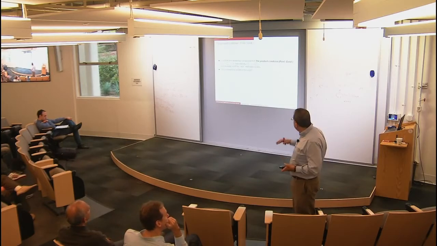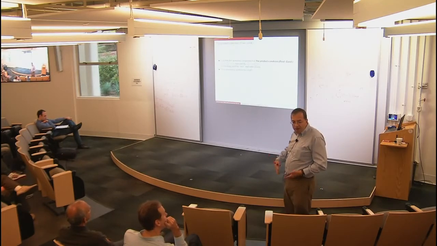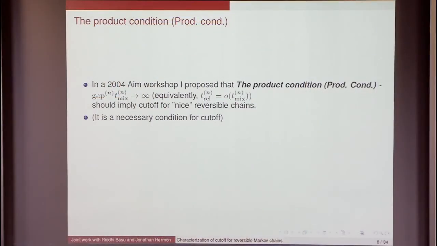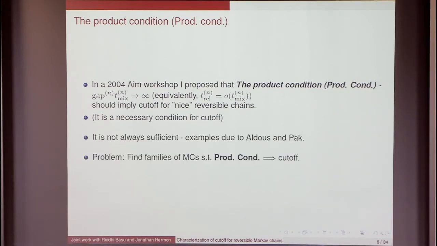Now, this condition, t_rel little o of t_mix, is much more coarse, because it's enough to estimate both quantities up to a constant. So if this were sufficient, we'd be in a happy state. It's not. So we ask, is there something else which is checkable, that we can add to it and derive cutoff without actually calculating the constants in the mixing time?